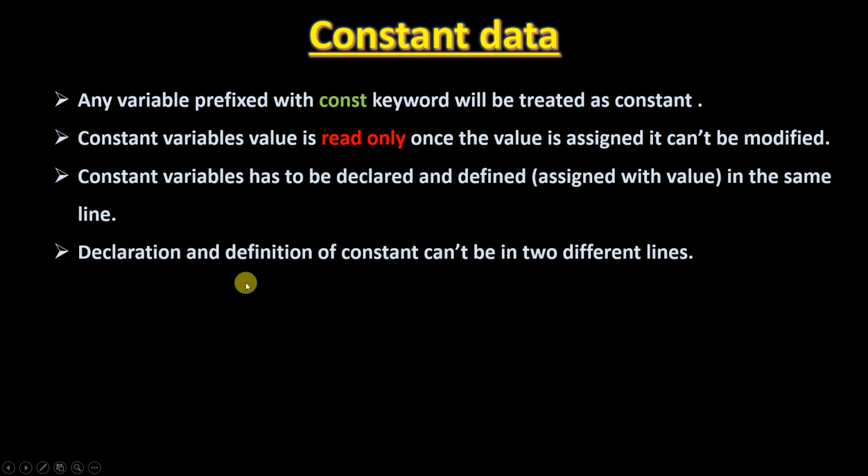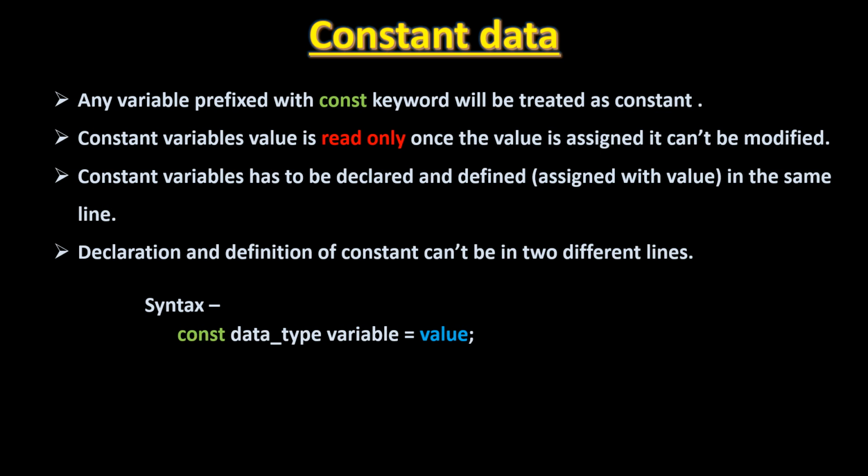You cannot give the declaration once and the definition in a different line. That is not allowed. So what is the syntax we have used? Any data type, either integer, character, float, whatever it may be, then the variable name and equals to some value. Before this, you need the const keyword. This is the syntax.